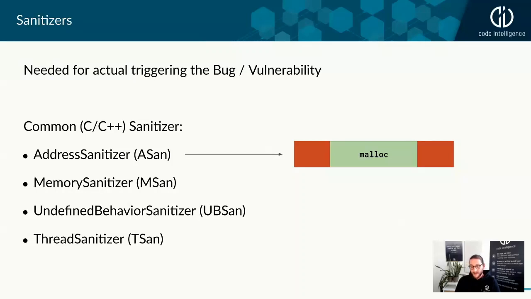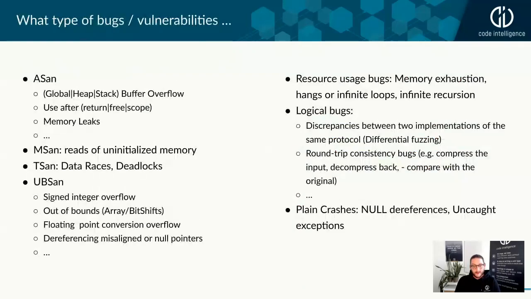Like the address sanitizer, a lot of work went into the overwritten functions to make it really performant. But I think for the address sanitizer, it still slows down by half. So yeah, on the next slide we will take a look at what kind of errors you can find.